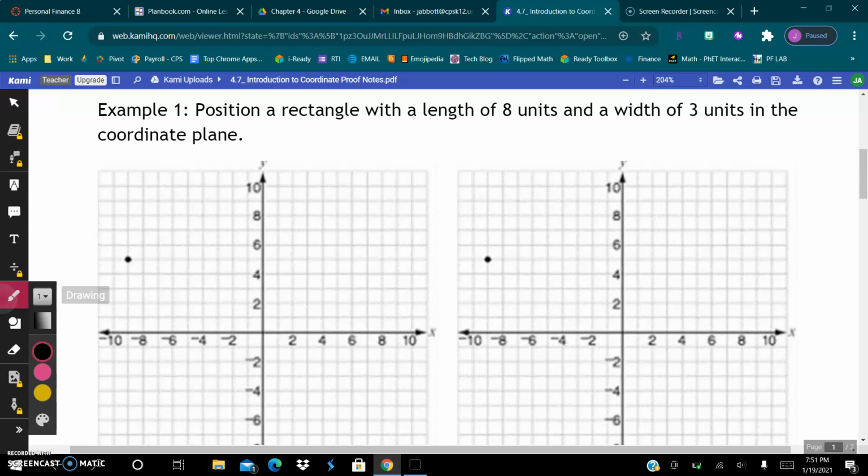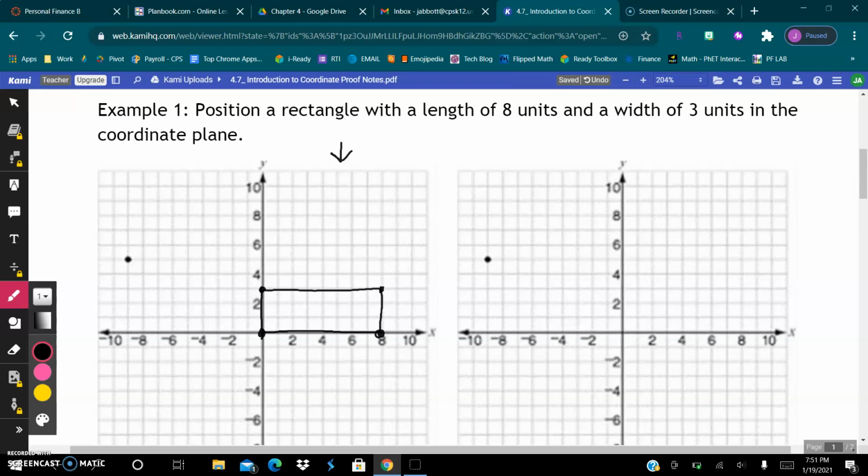So that means that one of the corners of this rectangle is going to be at 0, 0. Its length is 8 units. So if we want to keep it in quadrant 1, remember that's where everything is positive. That's this quadrant here. So 8 units long would put the other vertex there. So that is one side of it. And the width is 3 units, so it would go up 3. So this would be our rectangle here.